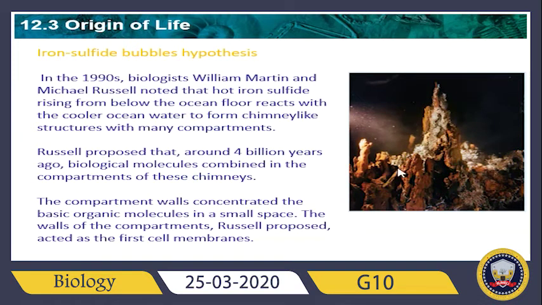Russell proposed that around 4 billion years ago, biological molecules combined in the compartments of these chimneys. The compartments concentrated the basic organic molecules in small spaces, and the walls of the compartments, Russell proposed, acted as the first cell membranes. So once the right ingredients came together, the first organic cell membranes could form.